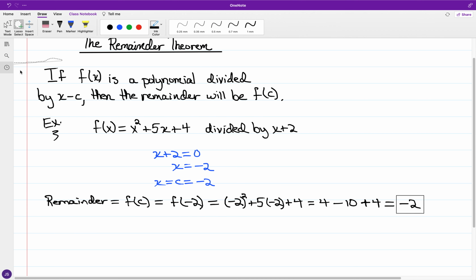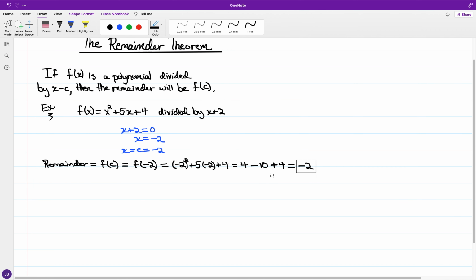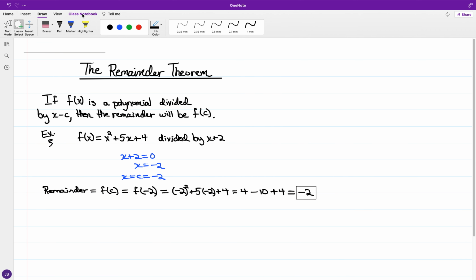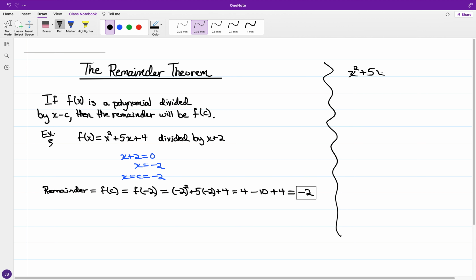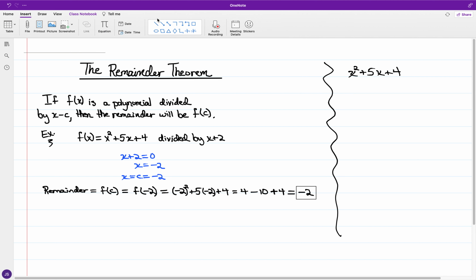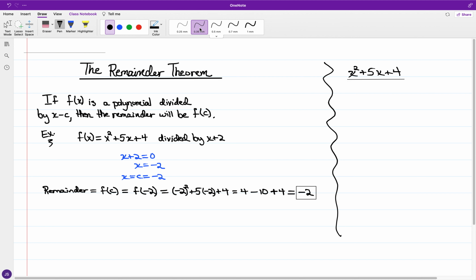Looking at this in comparison to what we had been looking into earlier with synthetic division, once again we had x squared plus 5x plus 4 divided by x plus 2.